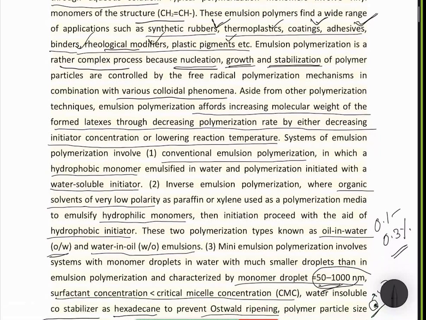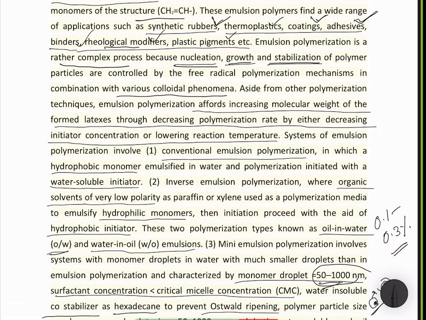Now, aside from other polymerization techniques, this technique further affords an increasing molecular weight of the formed polymer latex through decreasing polymerization rate by either decreasing initiator concentration or lowering the reaction temperature.